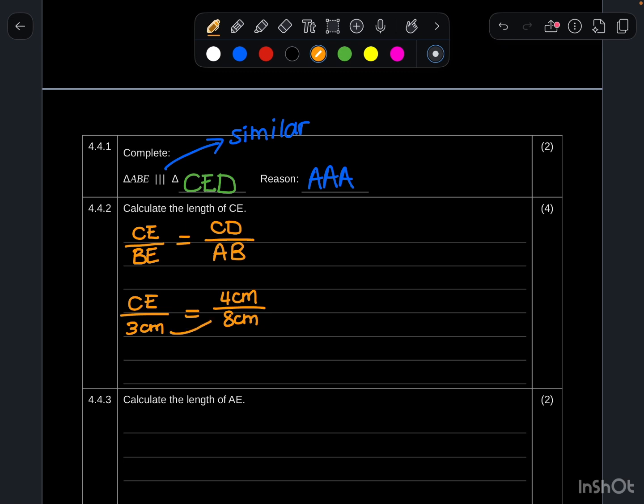So we're going to take that across, times it by 3, and so we're going to find CE is 4 centimeters over 8 centimeters, times 3 centimeters, which is 1.5 centimeters.